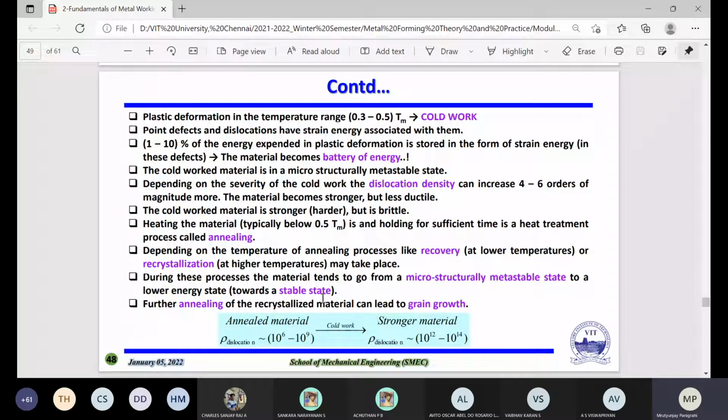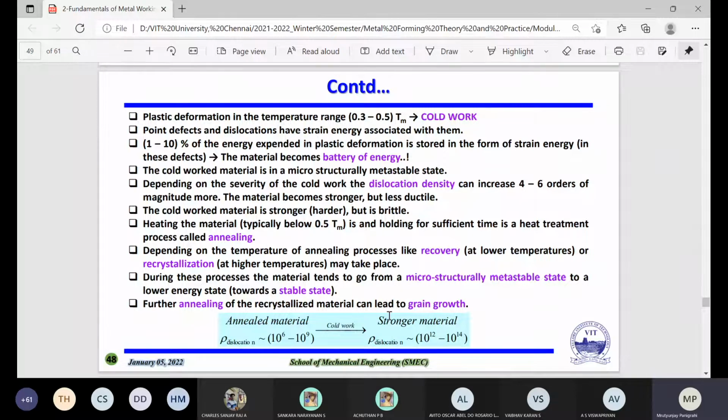During this process, the material tends to go from a microstructural metastable state to a stable state. That means initially you are squeezing or expanding your grains, then you generate some new grains, then you go towards grain growth. That means your material will be in a stable state there. Normally we say equilibrium state, or the stable state.